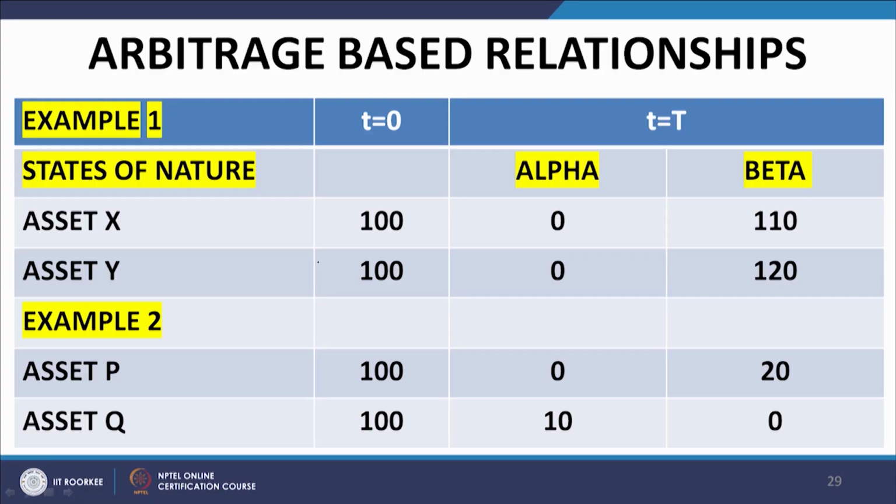If the state alpha materializes, the investment x has a payoff of 0, and if the state beta materializes on the date of exit of the investment, the outcome is a payoff of 110. And the investment y, payoff of 0 if the state alpha materializes, and if the state beta materializes, it has a payoff of 120.